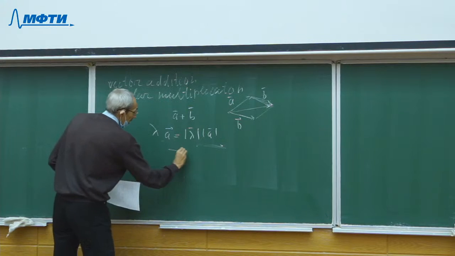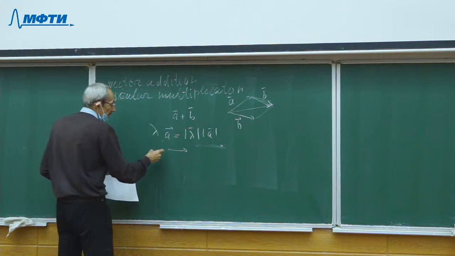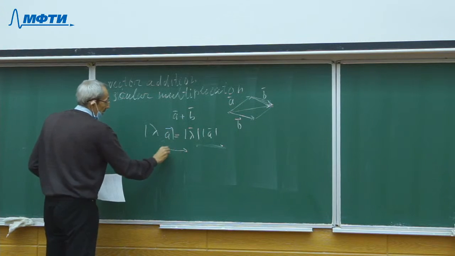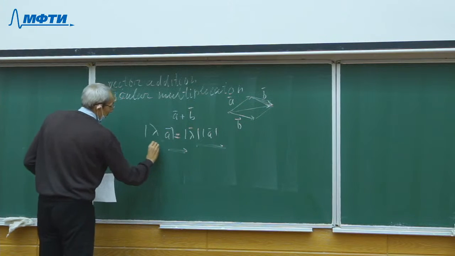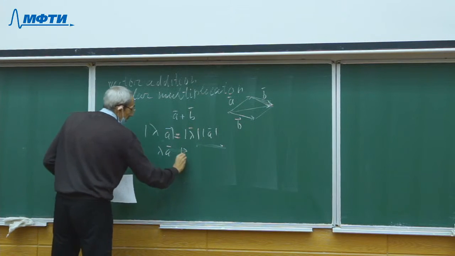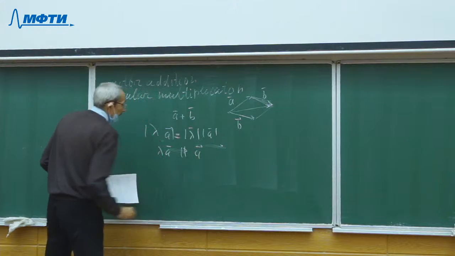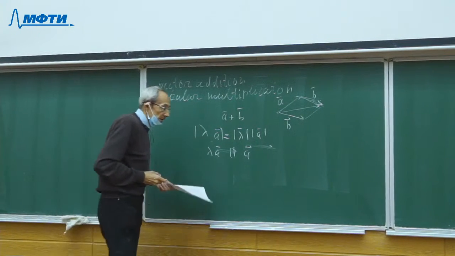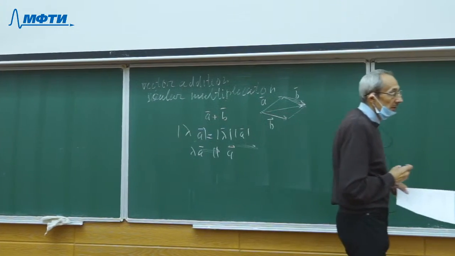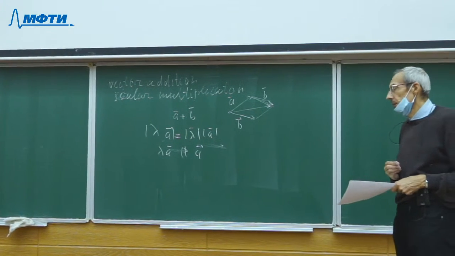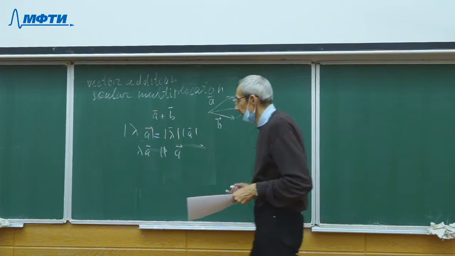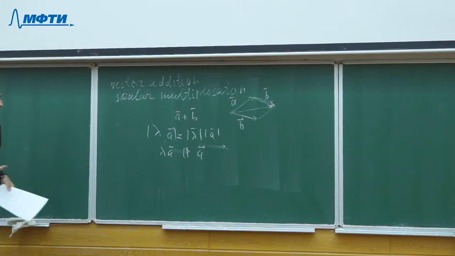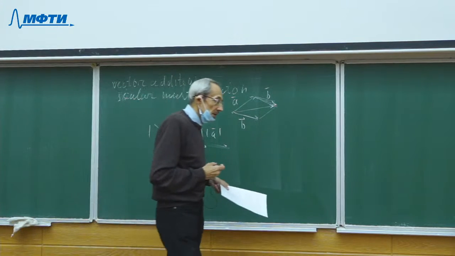This vector is parallel to the vector a, and its orientation coincides with the orientation of vector a if lambda is greater than 0, and this vector has the opposite orientation if lambda is a negative number.